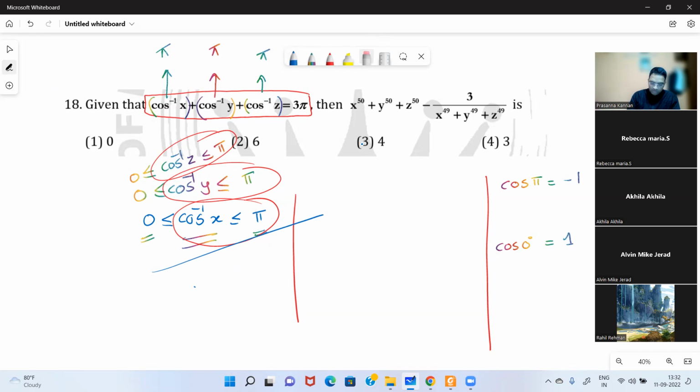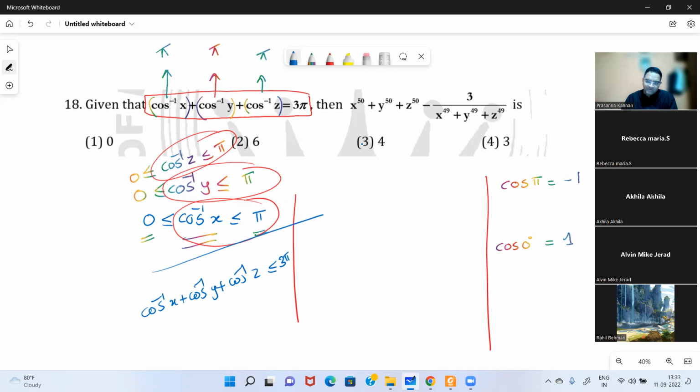If you add cos inverse x plus cos inverse y plus cos inverse z, they will be less than or equal to 3 pi. Can they ever be more than 3 pi? They can never be more than 3 pi. Yes or no?